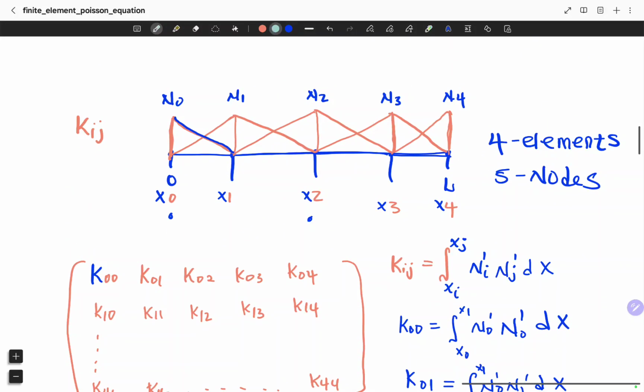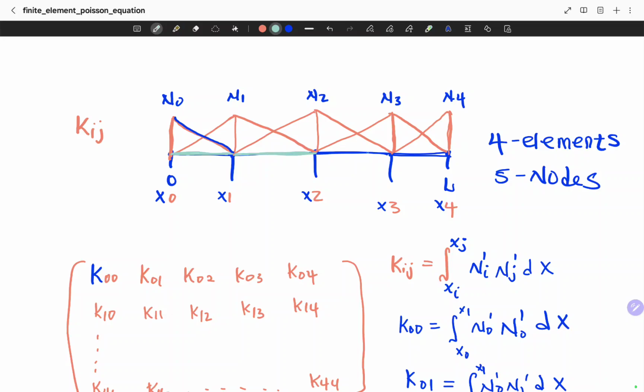For example, 0 and 1 are connected. That's all. But 0 is not connected to 2. So k20 should be 0. 1 and 2 are connected, and 1 and 0 are connected. So if you're looking for k01 or k12, yes, it's fine.